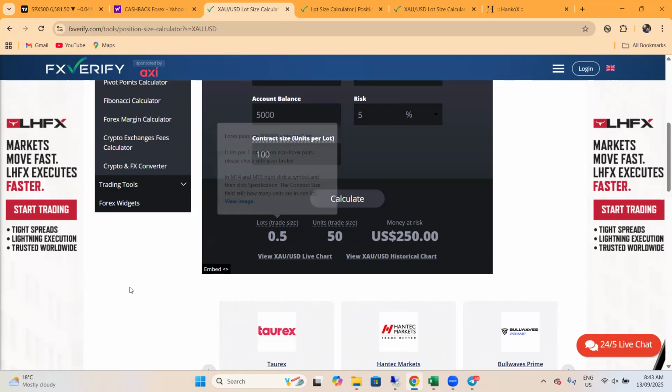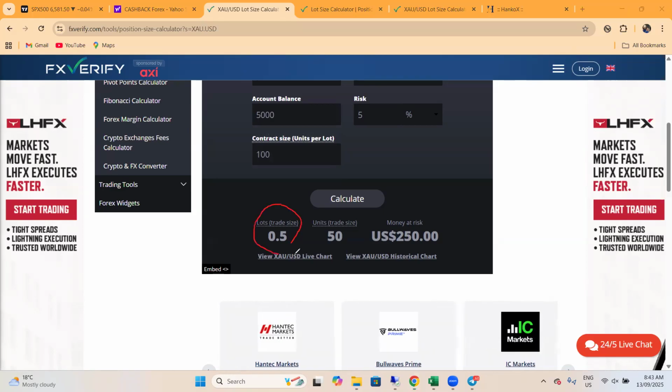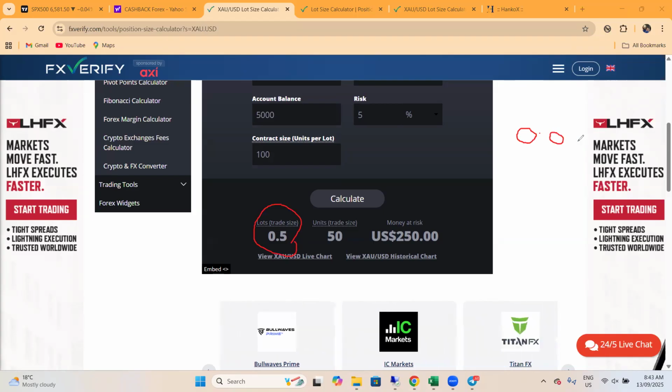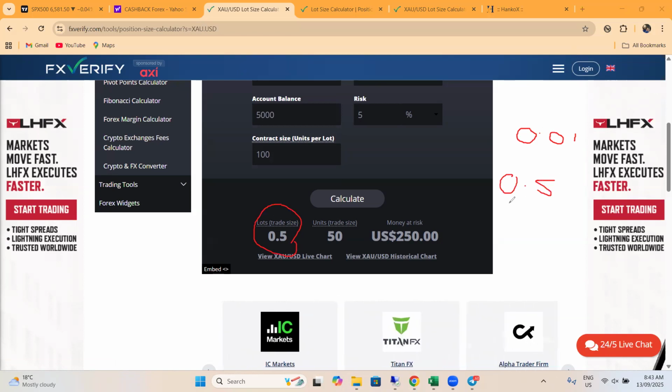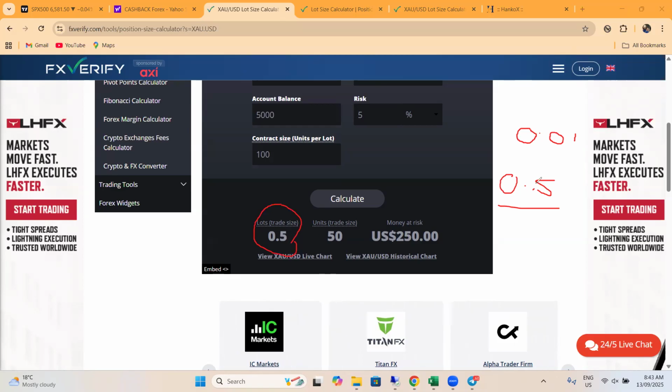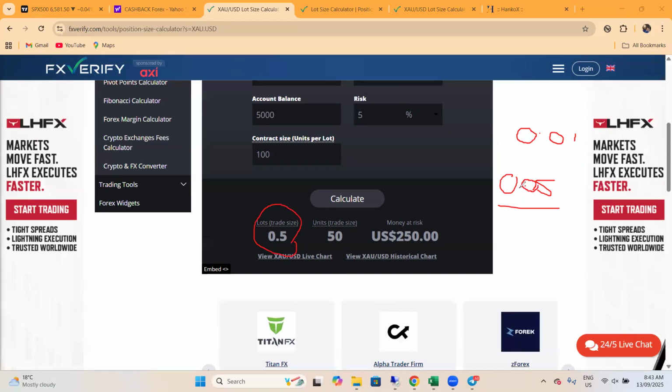As I said before, you have different lot sizes. The smallest one is 0.01. This says 0.5. So you must make sure that if there is a zero in here as well, you put the zero in after the decimal point.